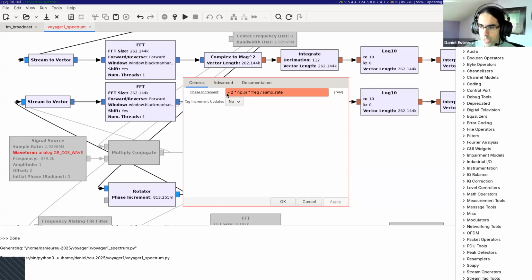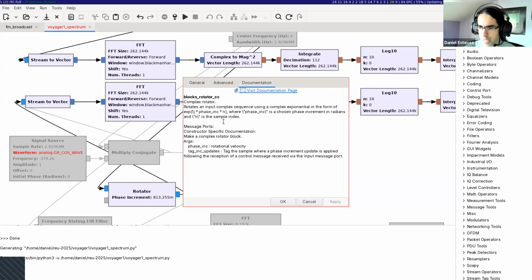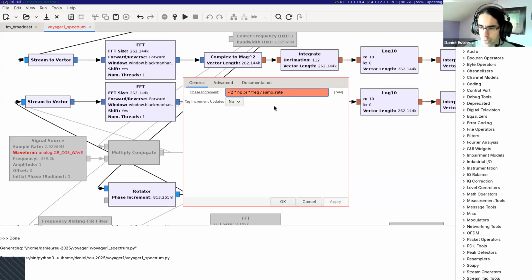And the number we put in here needs to be, this is explained somewhere in the documentation, basically by the formula here. This phase increment is in radians per sample. Every sample, it increments the phase of the output signal by these many radians.